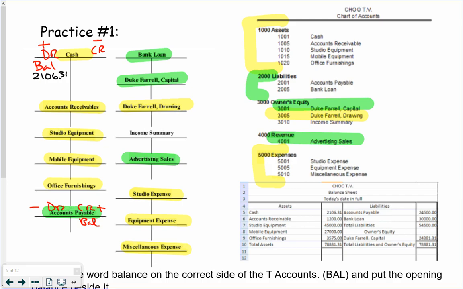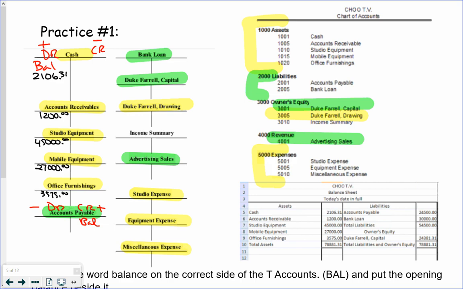Accounts receivable 1200. Studio equipment 45,000. Mobile equipment 27,000. And again, these are all the opening balances, so you're putting them on the balance side. Office furnishings 35.75.